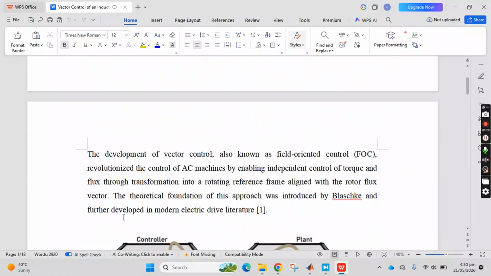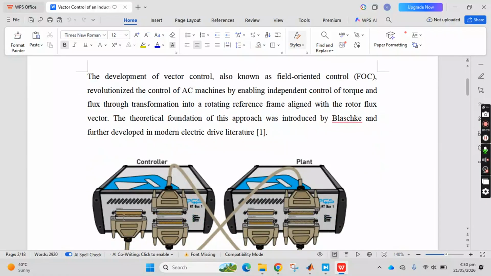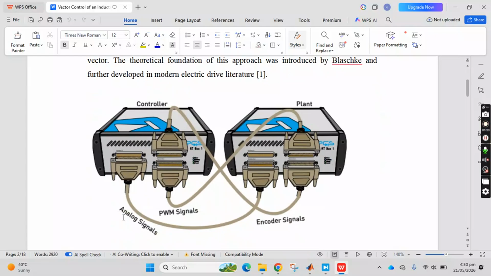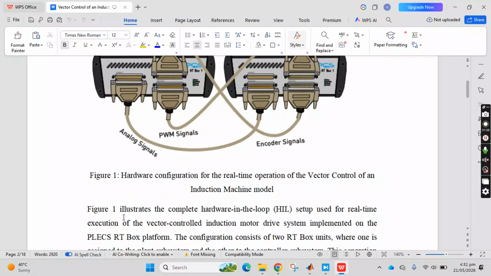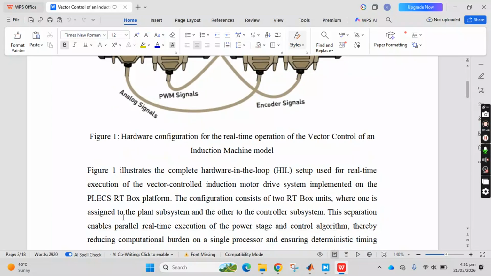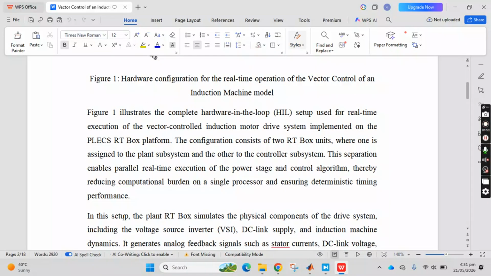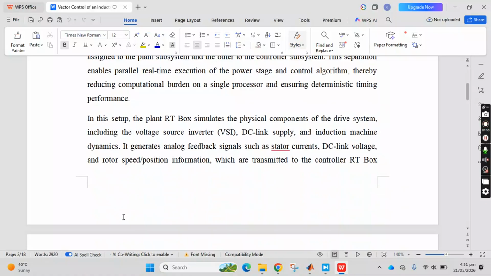In the introduction, I have added the complete structure of the controller and plant in the hardware-in-the-loop setup used for real-time execution of the vector-controlled induction motor drive system implemented on the PLECS RT Box platform. The configuration consists of two RT Box units, where one is assigned to the plant subsystem and the other to the controller subsystem.